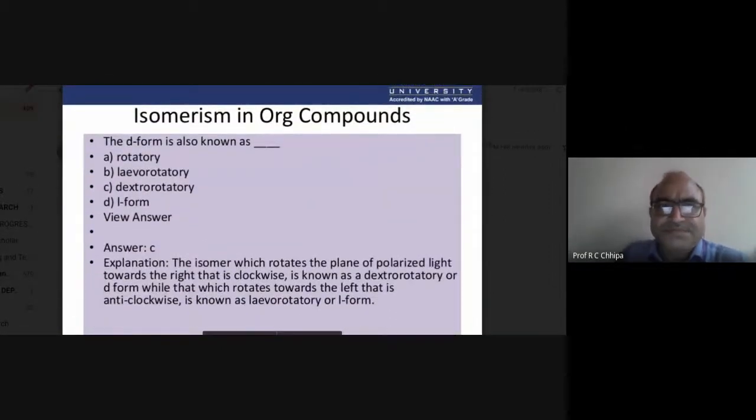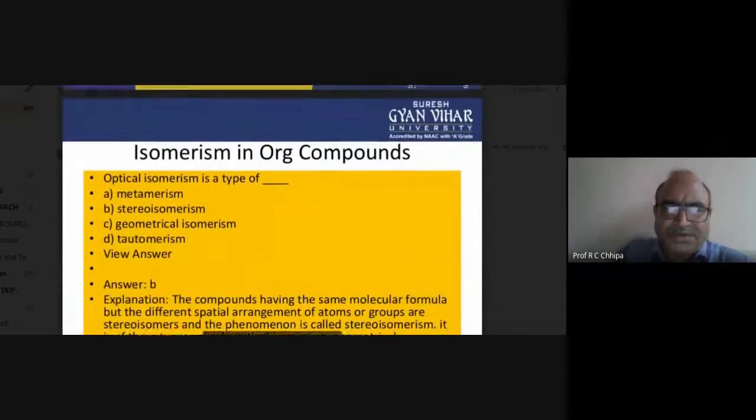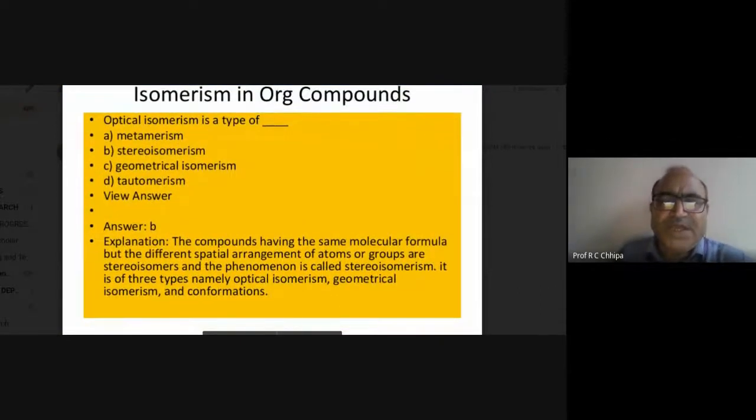Now here is one question related to the D form, which is also known as dextro-rotatory. This is one of the optical isomerism types, which is also a type of stereoisomerism.